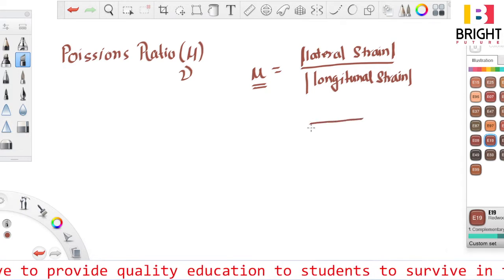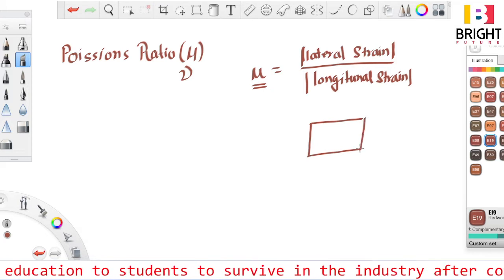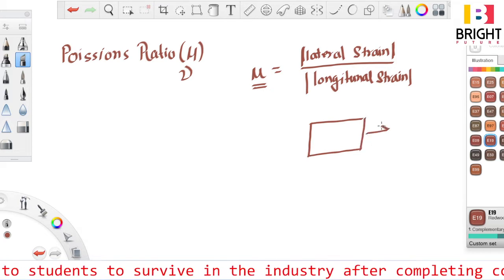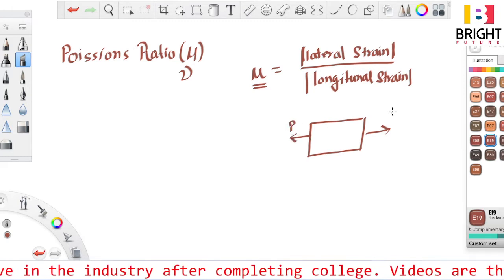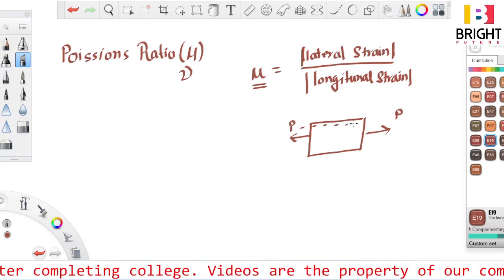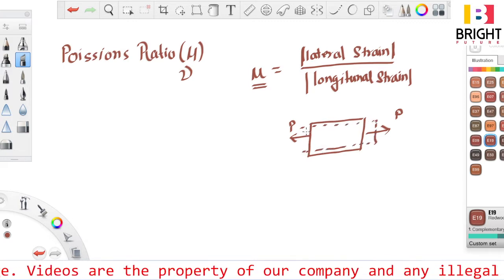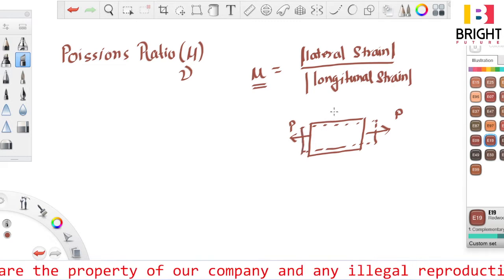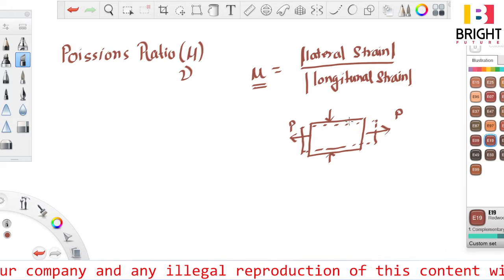However, lateral strain, what is the meaning of lateral strain? Lateral strain means if we pull it from these two sides, we apply force P on both the sides. Now this material will elongate like this, right? The material will elongate, but this particular dimension will reduce from this to this.